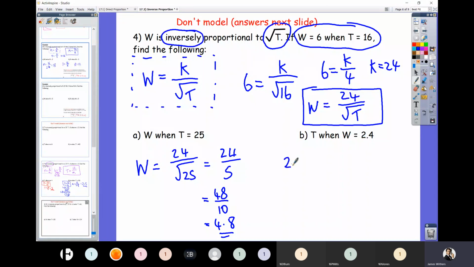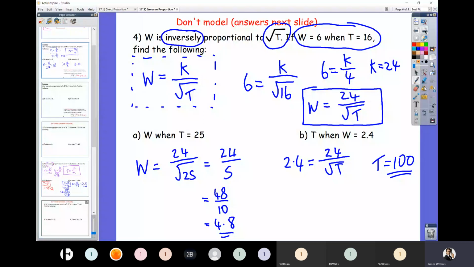So 2.4 equals 24 over root T. Just going to speed these things up. That denominator is going to have to be in total 10, isn't it? Because 24 divided by 10 is 2.4. So T must be 100, because the square root of 100 is 10. 24 divided by 10 is 2.4. So I did, after all, model that one.